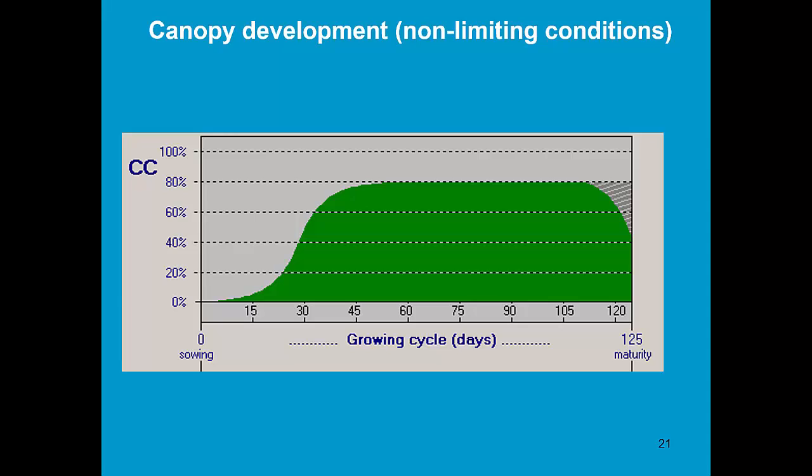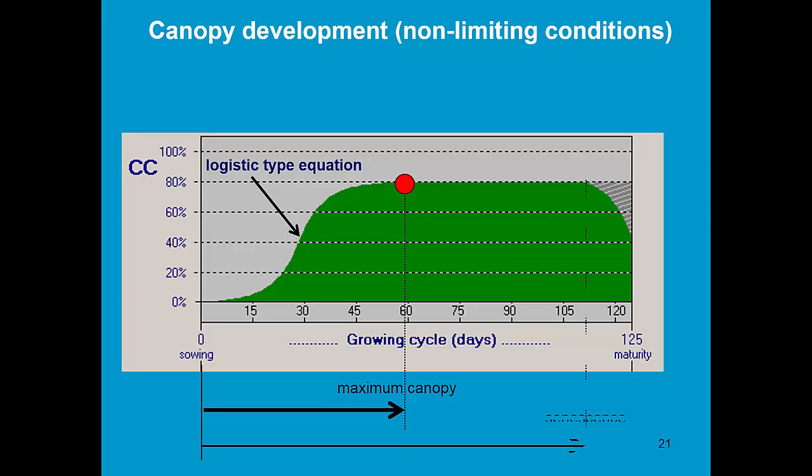Canopy development for non-limiting conditions is described in AquaCrop with only a few crop parameters. We have to know the moment when the maximum canopy cover is reached, and then by means of a logistic type equation, AquaCrop describes the development of the canopy between germination and the moment maximum canopy cover is reached.